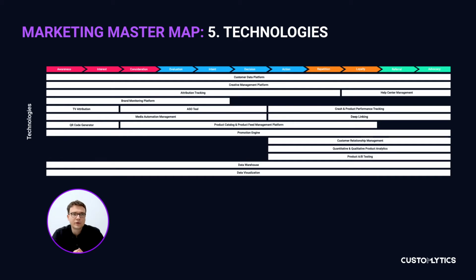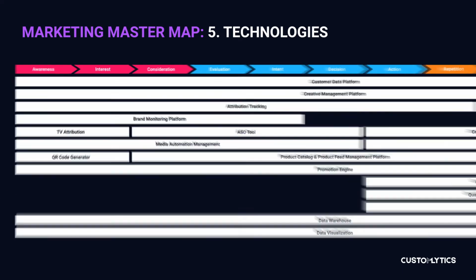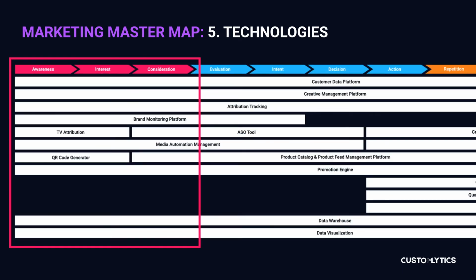Let's still go through the different sections based on the different stages in the marketing lifecycle again. If we're looking at demand generation, all the technologies relating to the activities that you do there, which we discussed in the other video, already have to be there. In other words, if you are doing TV advertising, then of course you need TV attribution tracking by that time already.